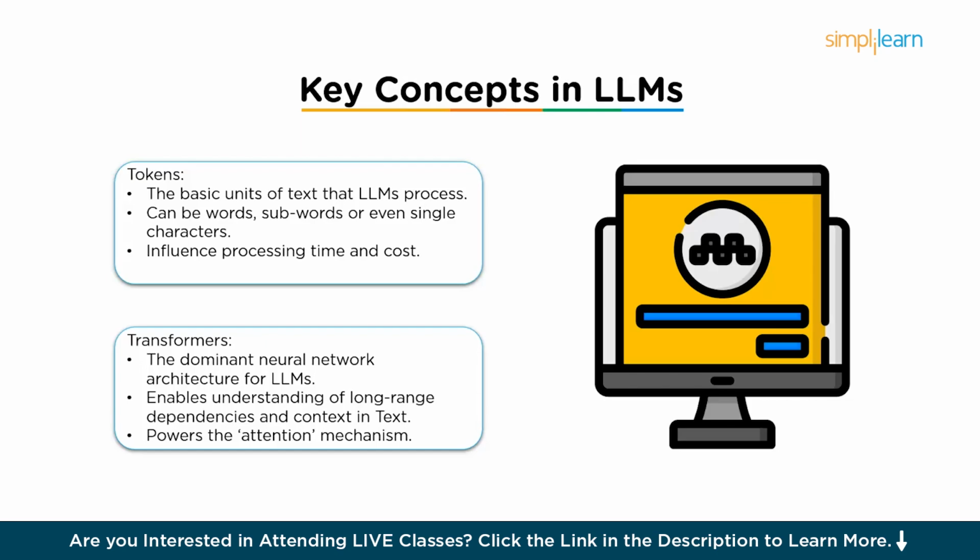Unlike older neural networks that struggle to remember information from the beginning of a long sentence or a document, transformers can efficiently process and relate all parts of the sequence regardless of their position. This is primarily achieved because the transformer powers the attention mechanism.